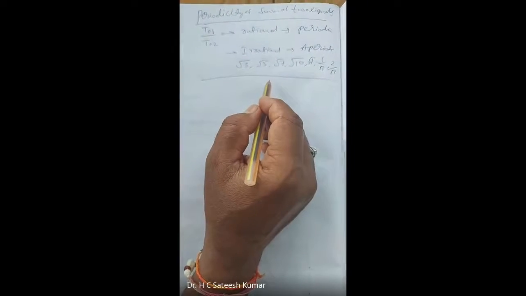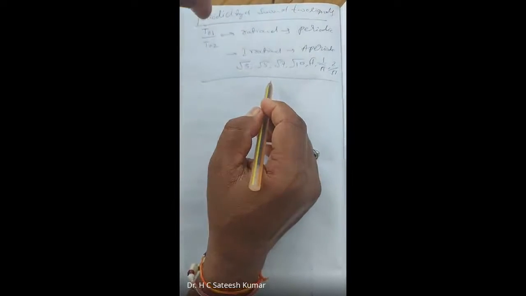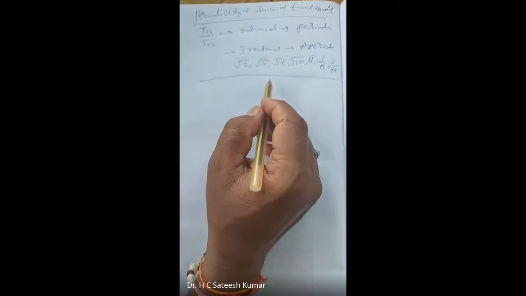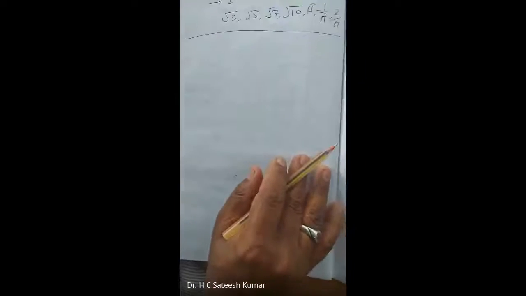Now if you take the sum of the two signals, the individual periods may be periodic, but the sum is periodic only if this condition is satisfied. After solving 3 or 4 problems, we'll understand exactly what all this means.